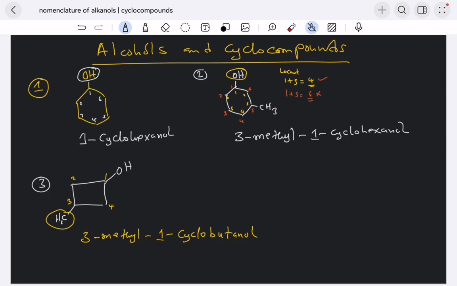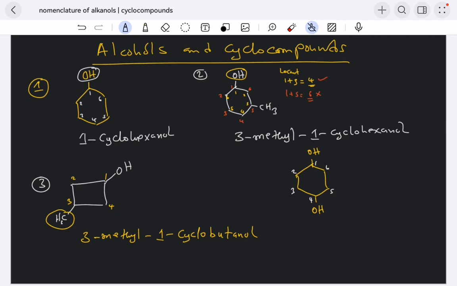What of a situation where you have something like this, and then you have OH and OH? So when you do the counting, it's 1, 2, 3, 4, 5, 6.